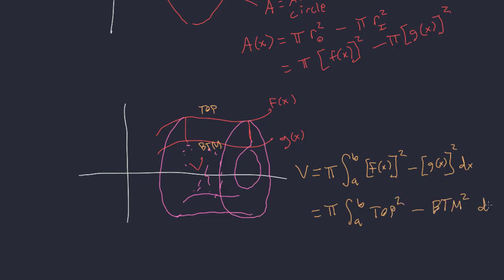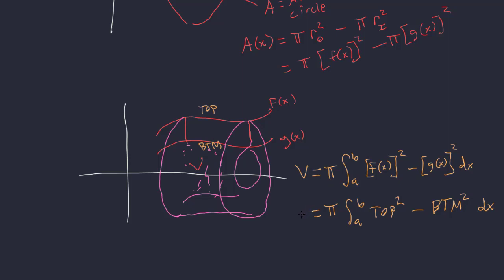In the same way that we would do the region between the curves with top minus bottom, here we're doing top squared minus bottom squared. That comes from taking the volume generated from revolving the top, subtracting away the volume generated from the bottom, to get the volume of our solid.